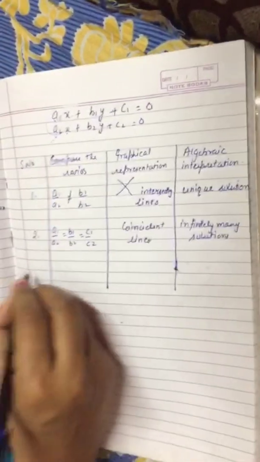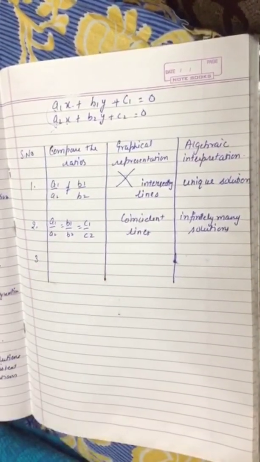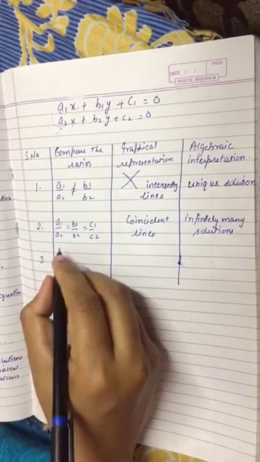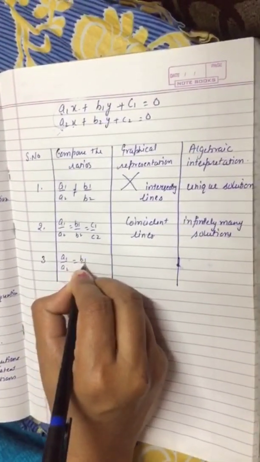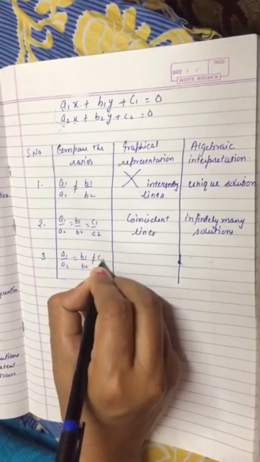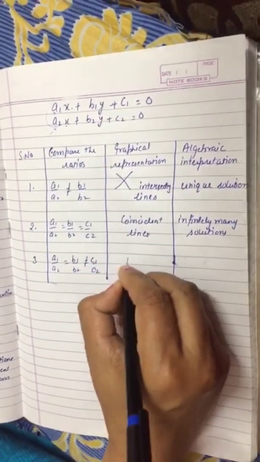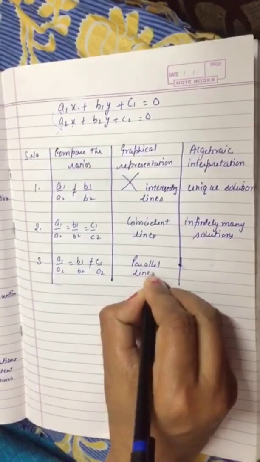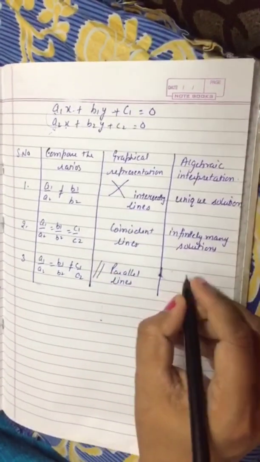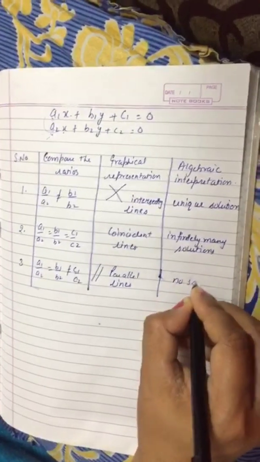In the third case, for parallel lines, the first two ratios a1 by a2 and b1 by b2 are equal, but the third ratio c1 by c2 is not equal. In that case the lines are parallel and there is no solution at all.